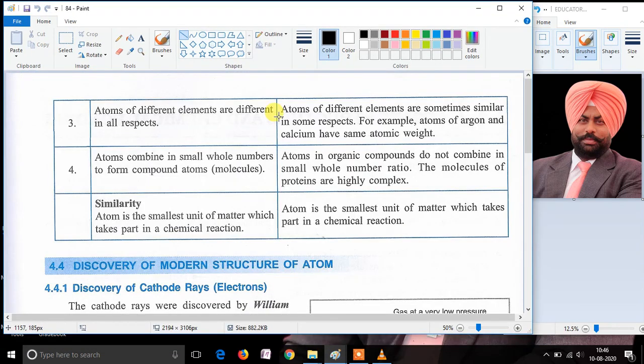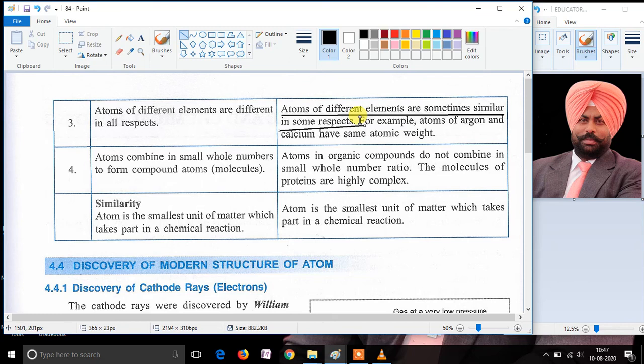Third point of modern atomic theory says that different elements can also have atoms which may possess similar chemical properties. While Dalton atomic theory said that different elements will have different chemical properties.